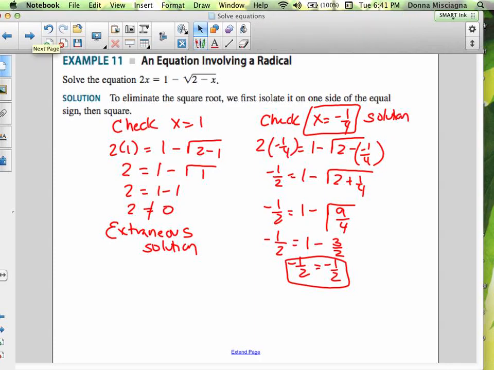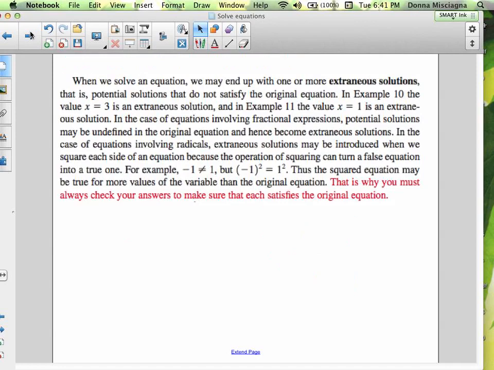Right? And in the next, let me just go over one thing and then we'll talk about the next video. When we solve an equation, we may end up with one or more extraneous solutions. That is, potential solutions that do not satisfy the original equation. In example 10, the value x equals 3 is an extraneous solution, and in example 11, the value x equals 1 is an extraneous solution. In the case of equations involving fractional expressions, potential solutions may be undefined in the original equation and hence become extraneous solutions.